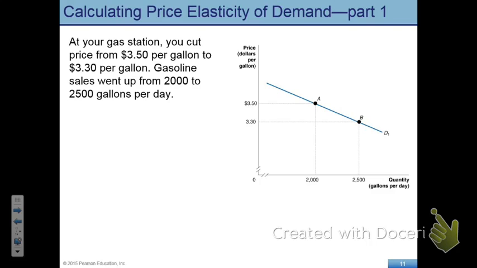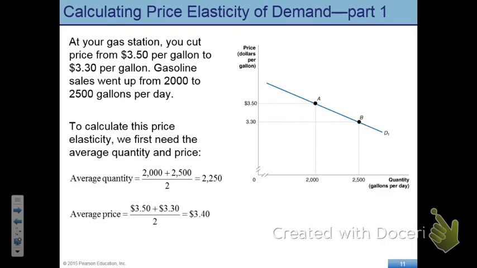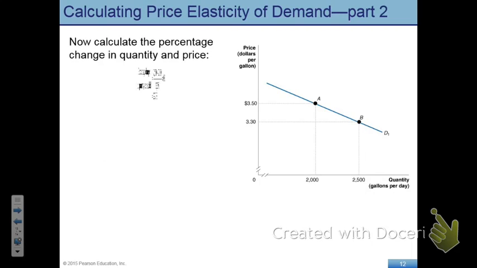We find first the average quantity, which is Q1 plus Q2 divided by 2. So that's what is happening. You find the average of these two. You find the average price. You take the two prices, you add them up, just like what they are doing here.